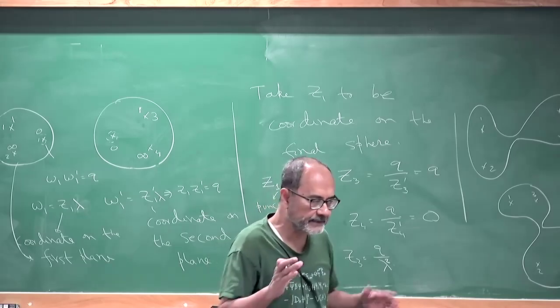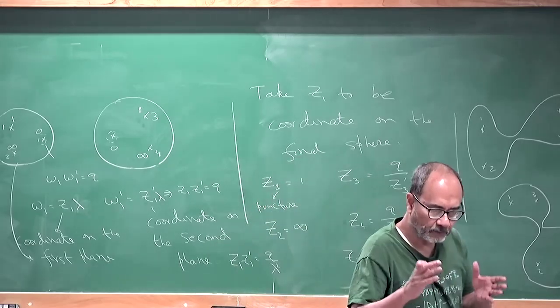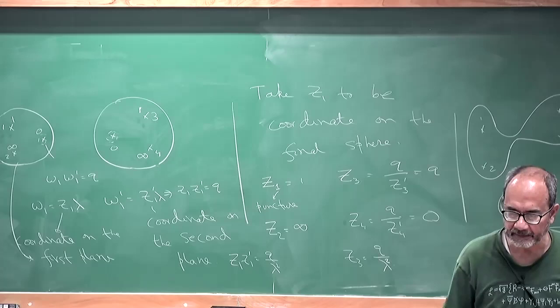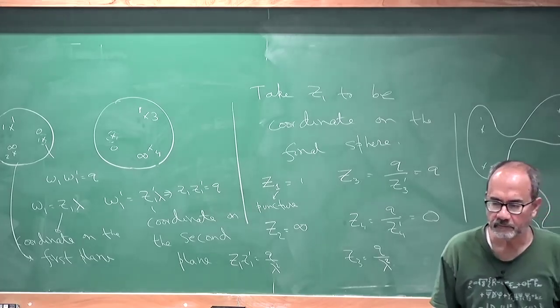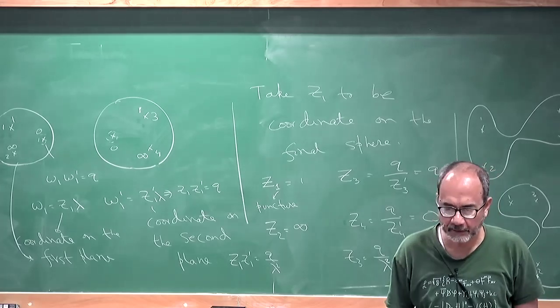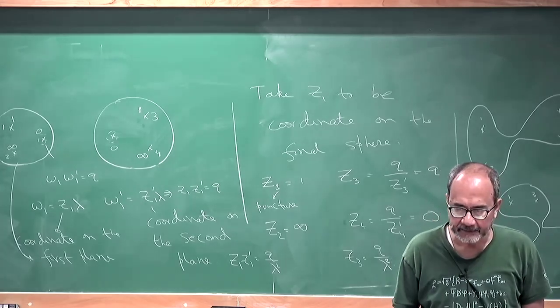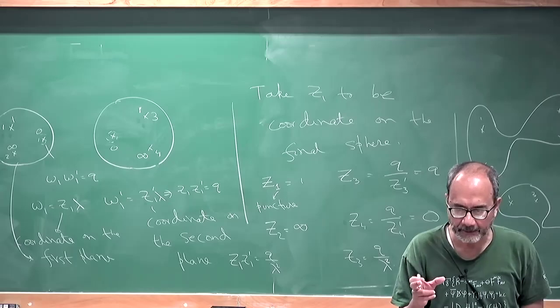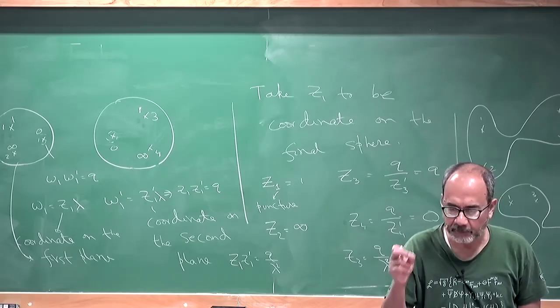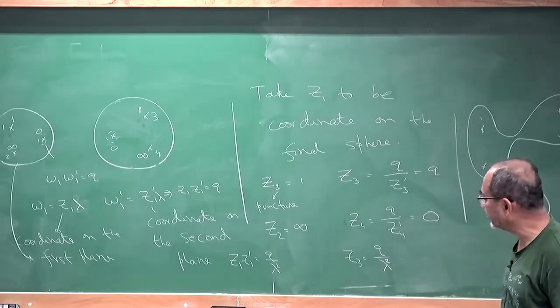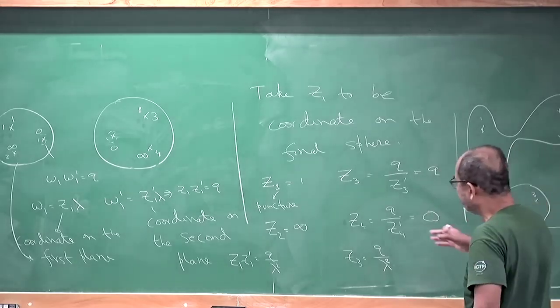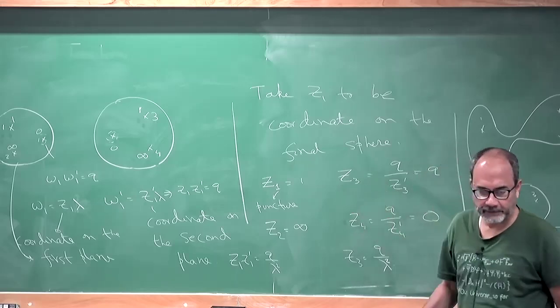Because 0 less than q less than 1 covers only the region near one boundary. This is what we'll assume, that we have chosen our local coordinates in such a way that between q equal to 0 and 1, the only boundary that is there is the q equal to 0 boundary. So that this other issue, that for q equal to 1, z1 goes to z3, will not be there.